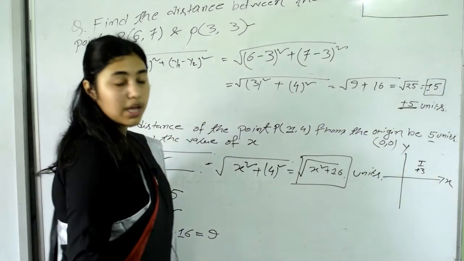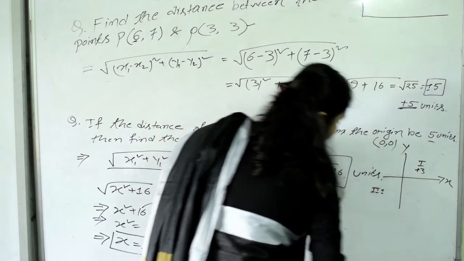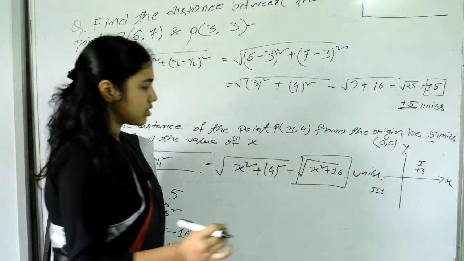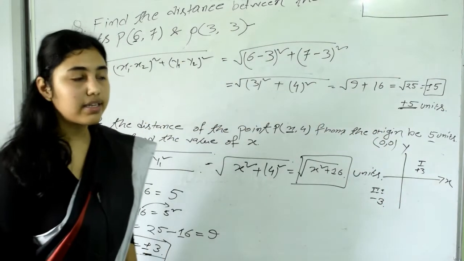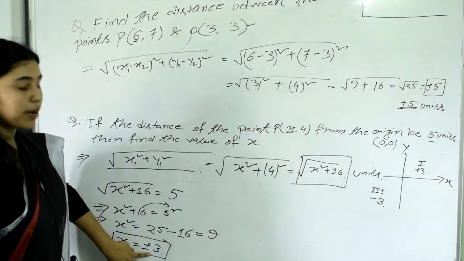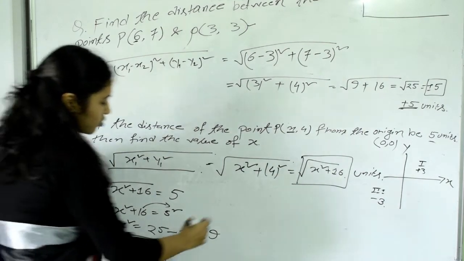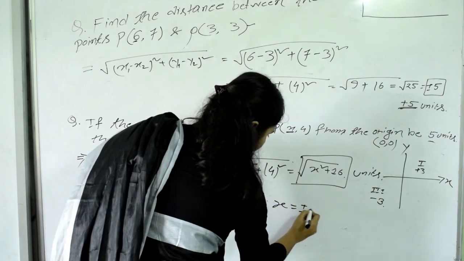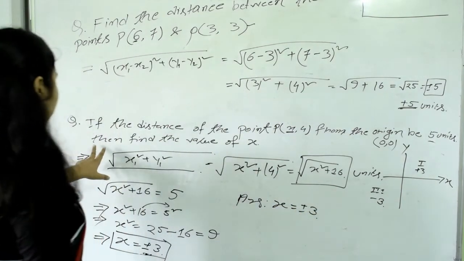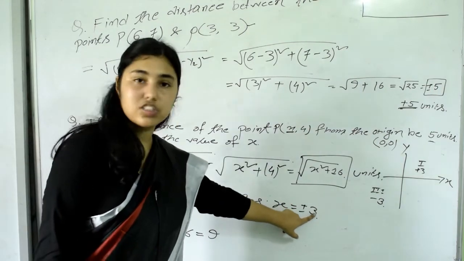But if the point is in the third quadrant, then the value of x is minus 3, right? That's why here we have to take both the values, plus minus 3. So our answer is x is equal to plus minus 3.